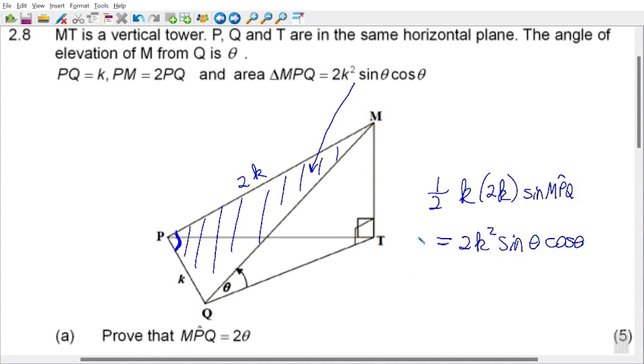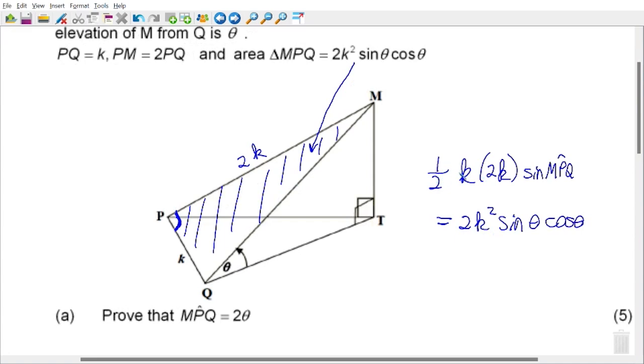Okay, so on the left hand side, the half and the 2 just becomes k squared. So this is the answer to A, by the way. That's going to become k squared sine of MPQ. And on the bottom here, I've actually got k squared as well, so I can divide out k squared on both sides.